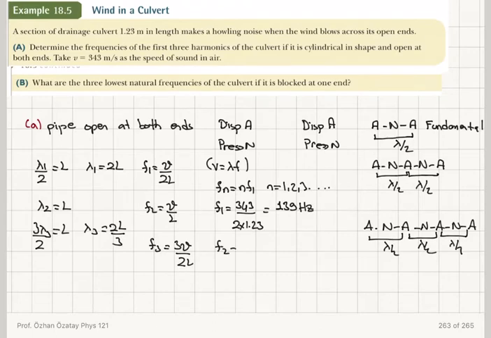So I find this to be 139 Hertz. F2 is twice F1, so I can just calculate twice F1. This gives me roughly 279 Hertz. F3 is 3 times F1.